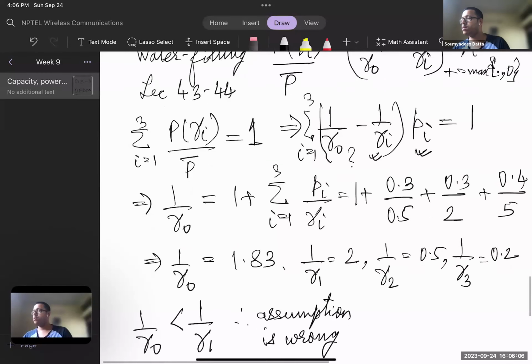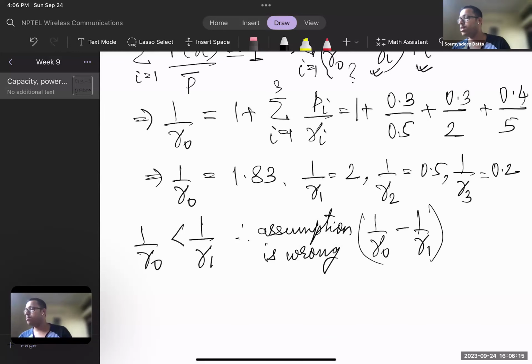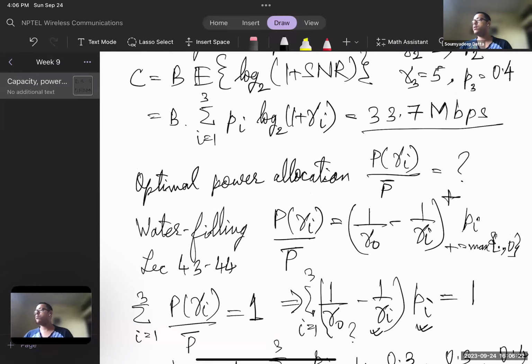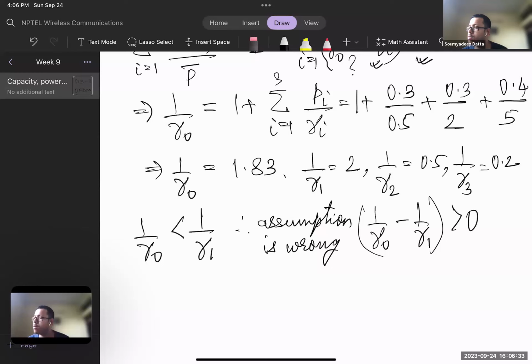So we had assumed that 1 by gamma naught minus 1 by gamma 1, times some probability which is greater than 0, is greater than 0, which is why when we solve for max of some quantity comma 0, we get that quantity itself when that is greater than 0. Right? So we had assumed that 1 by gamma naught minus 1 by gamma 1 is greater than 0, but clearly it turns out to be less than 0.